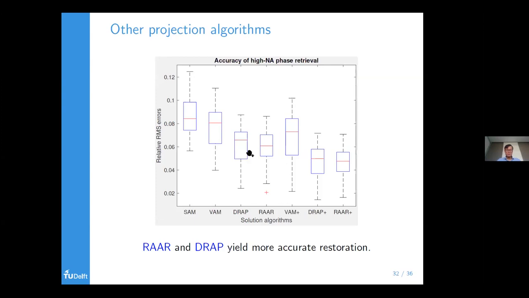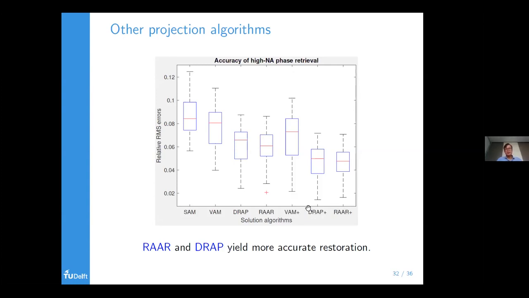So let's briefly compare the different projection methods. We calculated many of the projection methods we mentioned in section 4: alternating projection, Douglas-Rachford, FineUp, hybrid input-output, and the RAAR and the DROP algorithms.